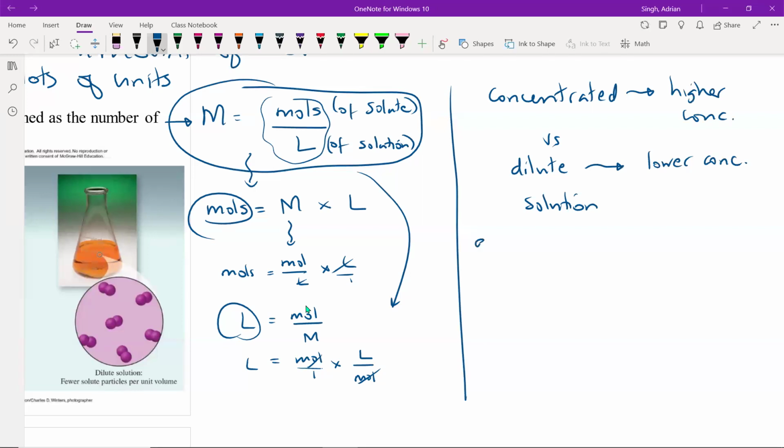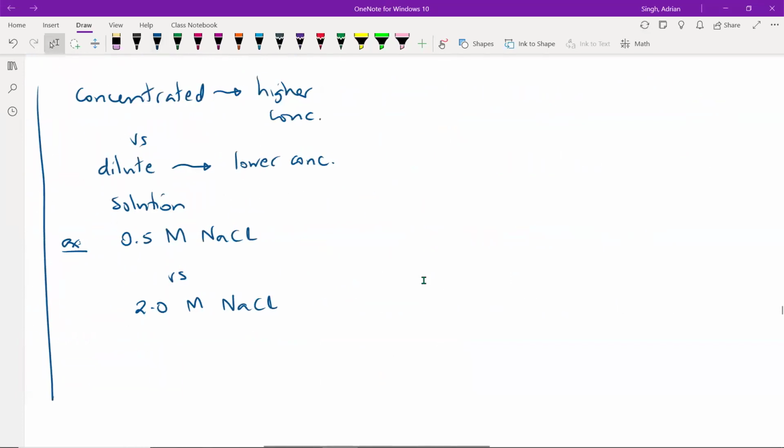Okay, so for example, if I compare two solutions, a 0.5 molar NaCl versus a 2.0 molar NaCl. Okay, what does these actually mean? Well, it's important that we know how to first of all represent these.